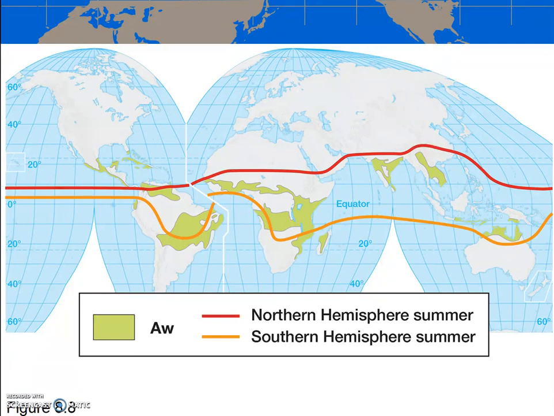Basically, they're in the ITCZ in their summer months, so low pressure, rising air, and rain, but they're under the influence a bit of the subtropical high in their winter months. So you have higher pressure, descending air, and not much rain. Thus, they have a winter dry season.